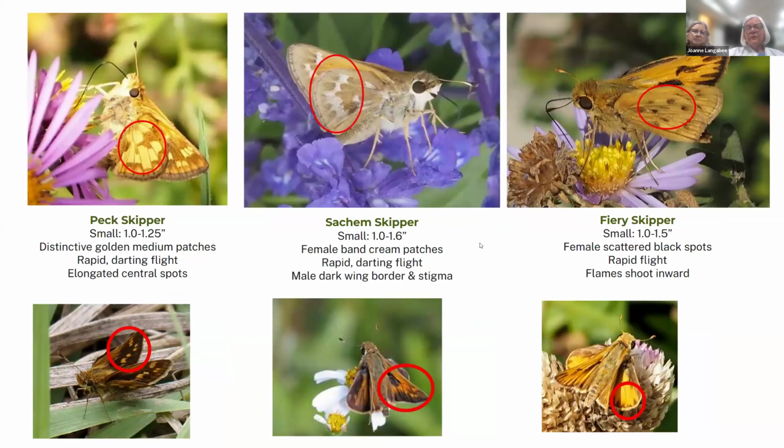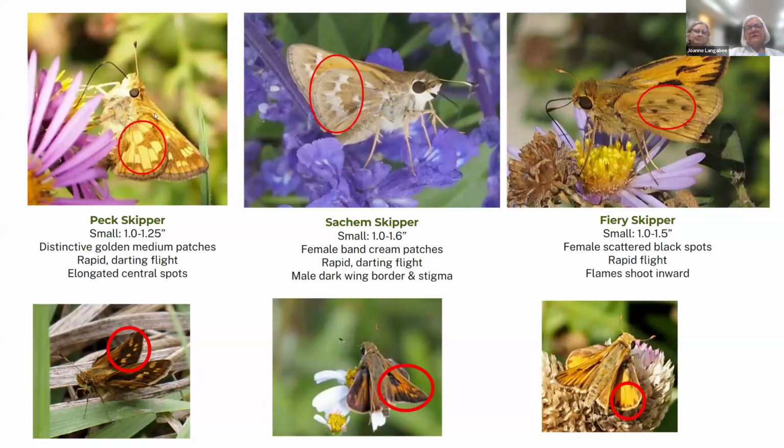skippers. Then we get to the ones with markings. Peck skipper can be really common. They appear about the middle of the summer, and they've got these staircase yellow markings that are very distinct on them.